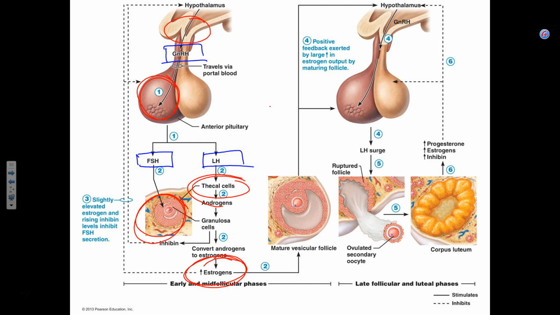So, estrogen, first of all, it establishes the negative feedback loop. That's kind of unexpected, isn't it? So estrogen that is produced by ovaries inhibits gonadotropin releasing hormone and release of FSH and LH from pituitary gland.